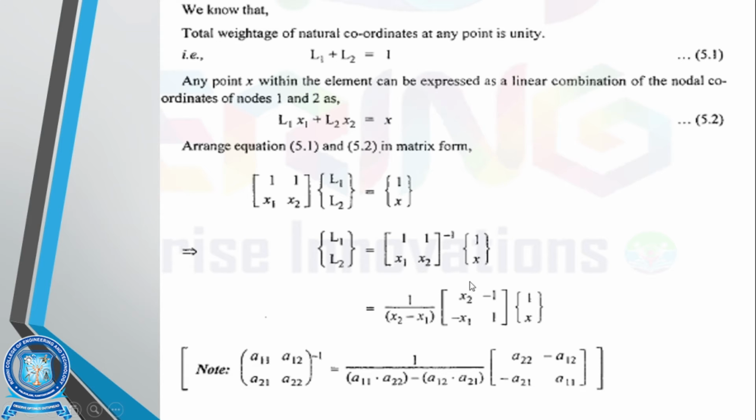We get this from the inverse formula: for A11, A12, A21, A22, the inverse is 1 by (A11 A22 minus A12 A21) times the matrix [A22 -A12; -A21 A11]. So this is the formation of this point.